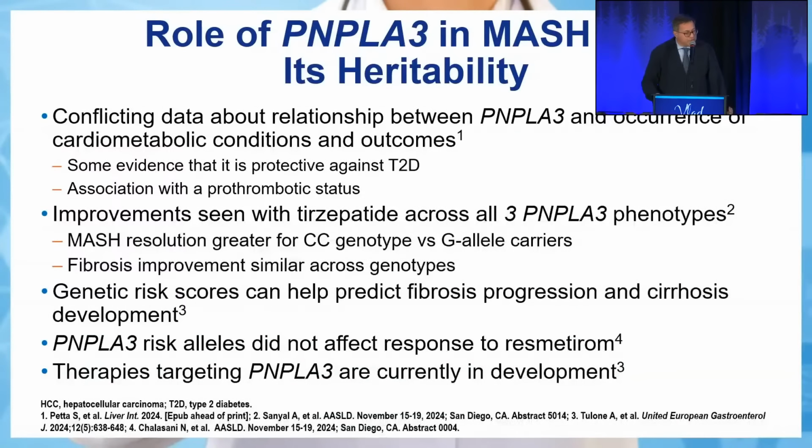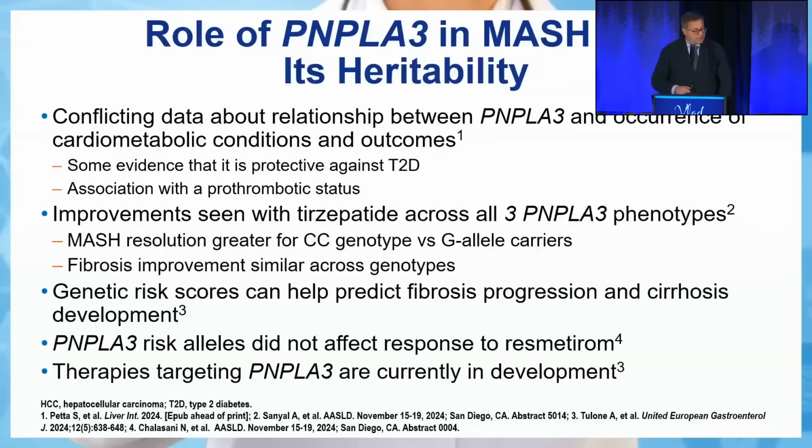The genetic risk scores that are based not only on PNPLA3 but on other genotypes associated with natural history in this disease, you can build a genetic risk score that can help at least predicting with more accuracy the fate of the patient, and maybe it will help predicting the effect of the drugs in development.